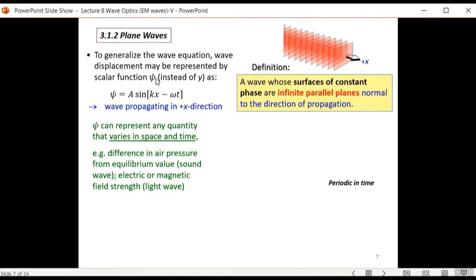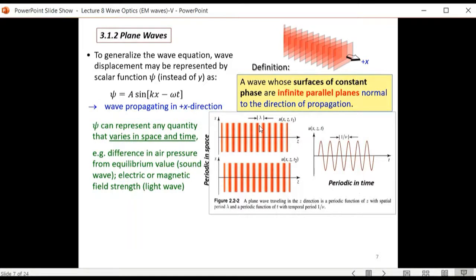Instead of the y that we use, we have a psi here, and that's equal to A sin kx minus omega t. Since this is negative, the wave is traveling in the positive x direction. The psi here can represent any quantity that varies in space and time.